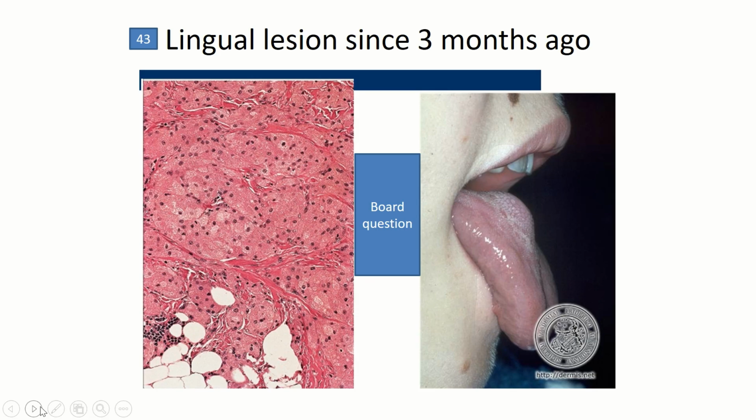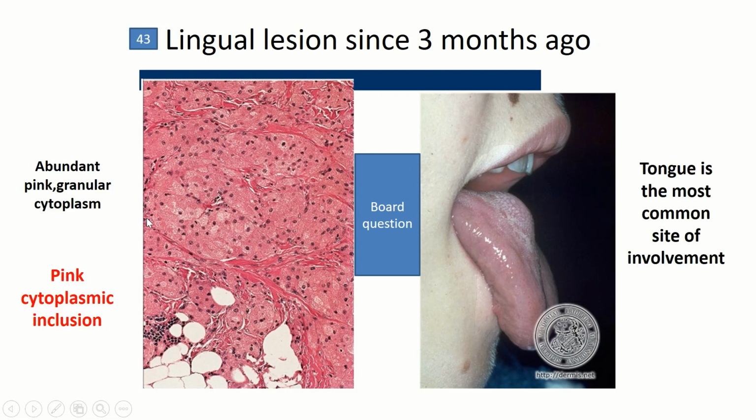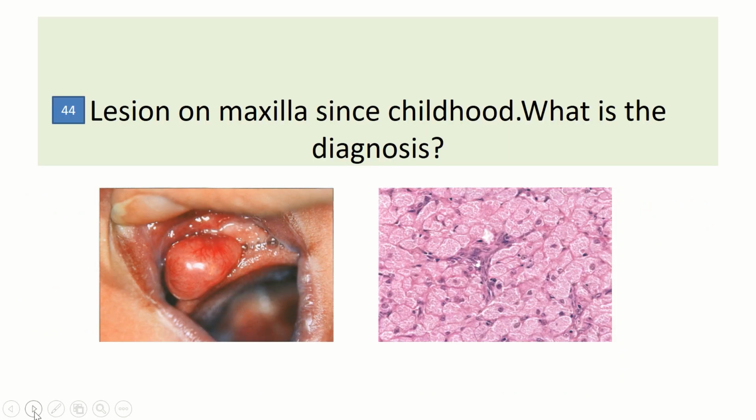And here, involvement of the tongue with a tumoral-like lesion. And here, on histopathology, you see abundant pink granular cytoplasm and inclusion in the cytoplasm, indicative of granular cell tumor, that the tongue is the most common site of involvement in this neural tumor.